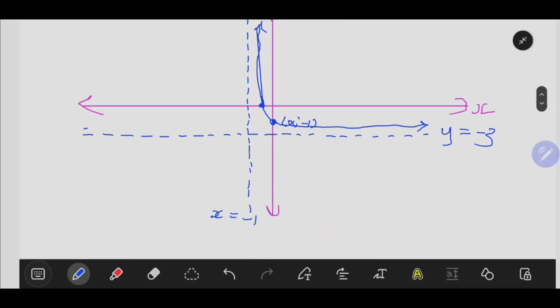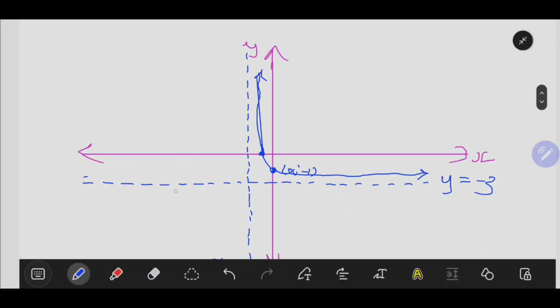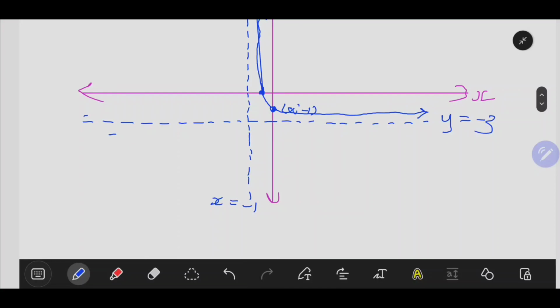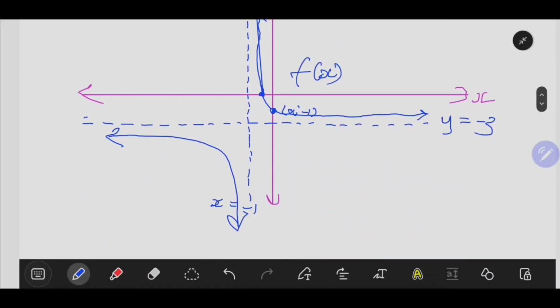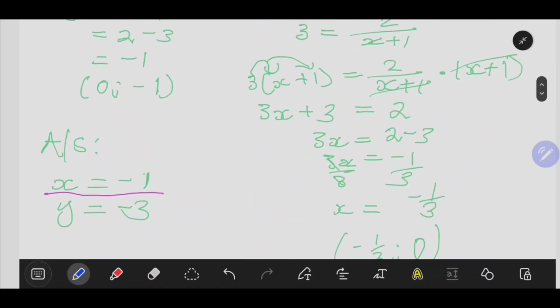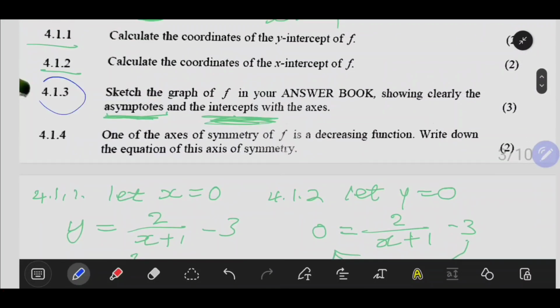And then if your x and your y asymptote, or your x-intercept and your y-intercept are already plotted on one graph, then here you just do the reflection of this piece of the graph in order to complete your graph. So you do this, and then now this is your graph of f(x). Then now this is how your graph should be. Then now you have sketched the graph.